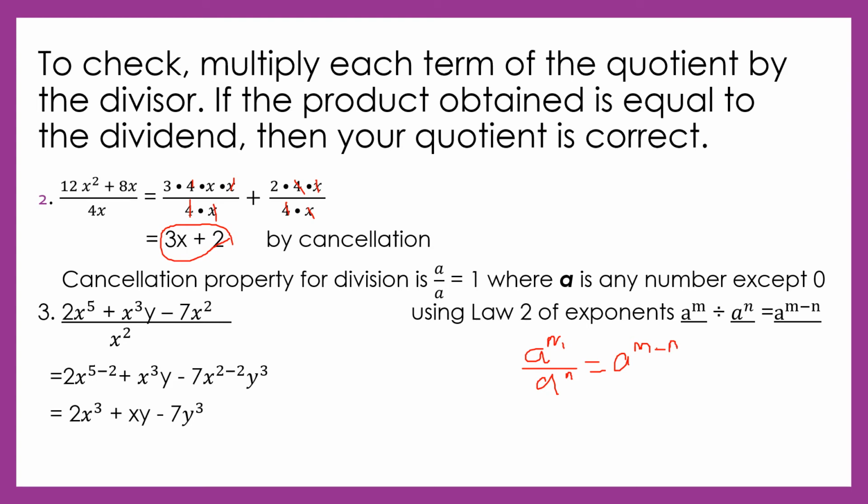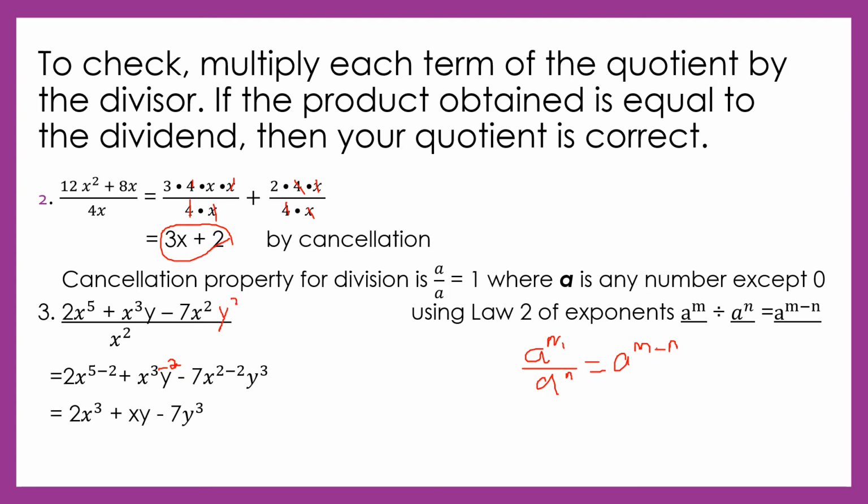So we have 2x raised to 5 minus 2, plus x cubed minus 2 times x, and then minus 7x squared minus 2 y cubed.